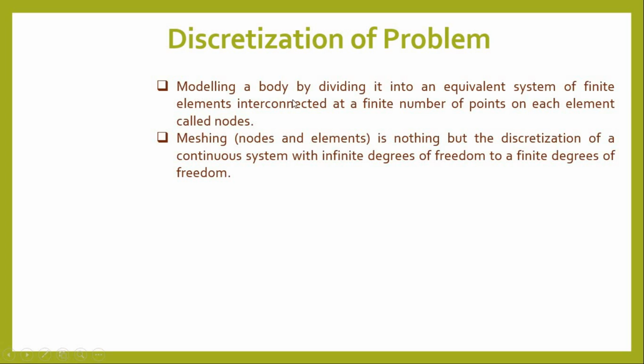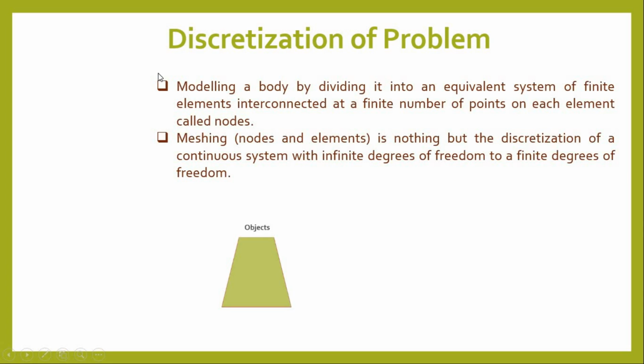Modeling a body by dividing it into an equivalent system of finite elements interconnected at a finite number of points on each element, called the nodes. Meshing is nothing but the discretization of a continuous system with infinite degrees of freedom into finite degrees of freedom.